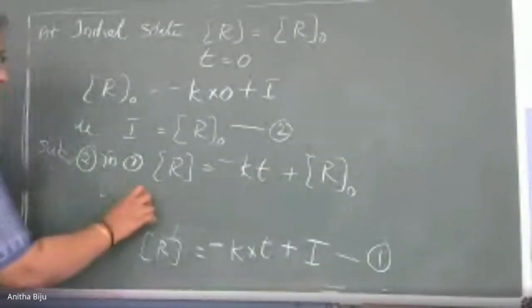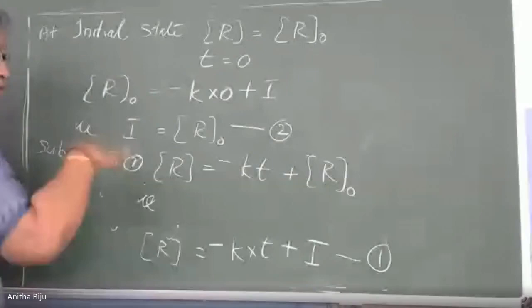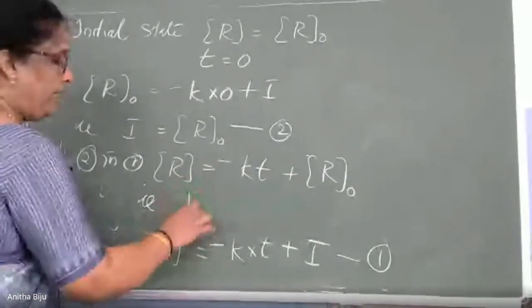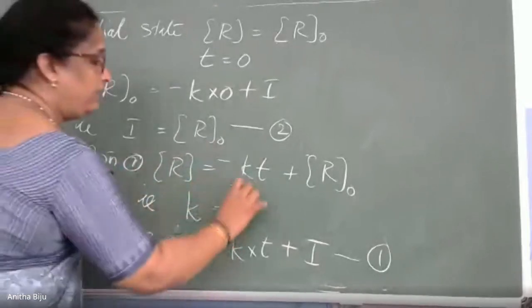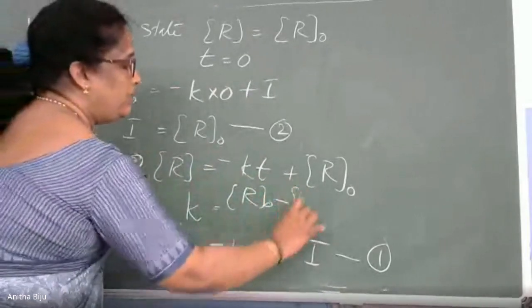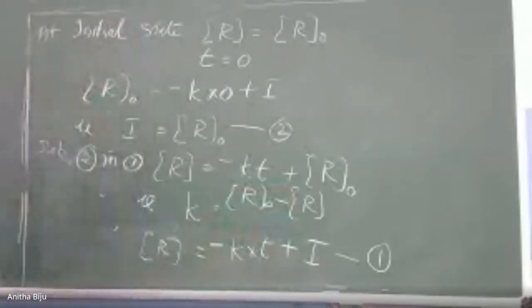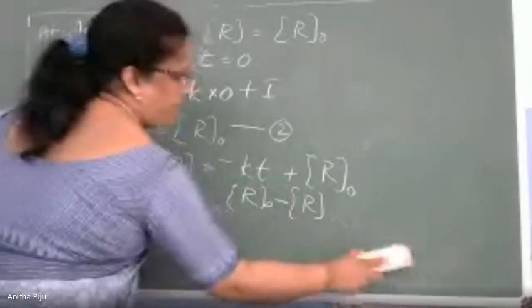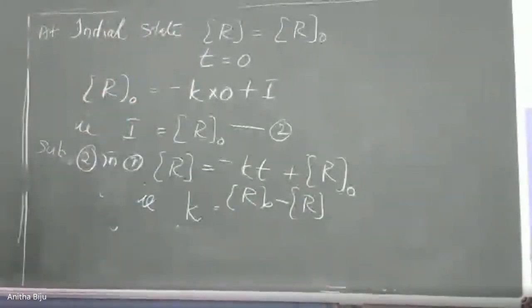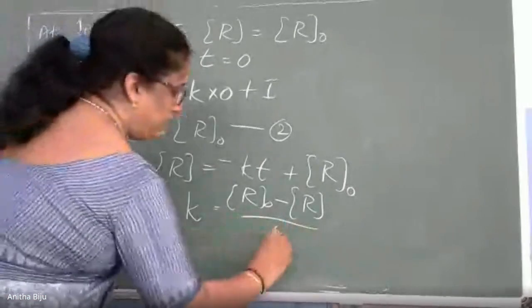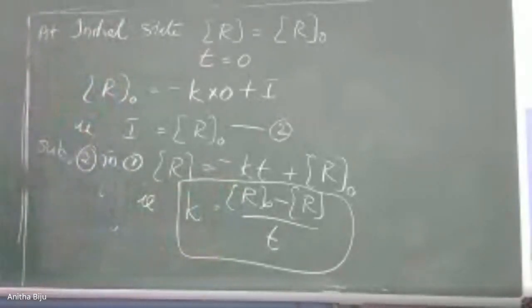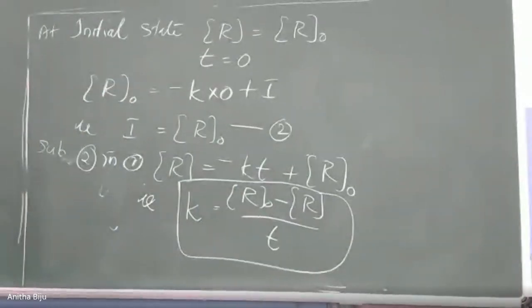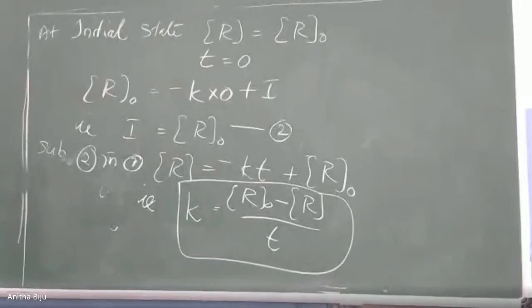I will skip two steps and write it. That is, K equal to K. When we shift K into this side, we get R naught minus R divided by T. K is equal to R naught minus R divided by T. So this is the final equation.